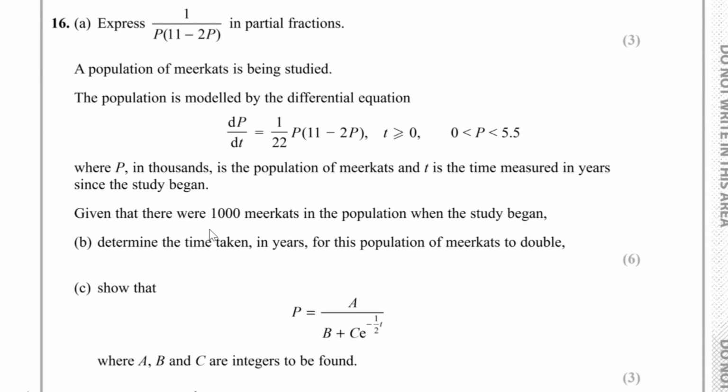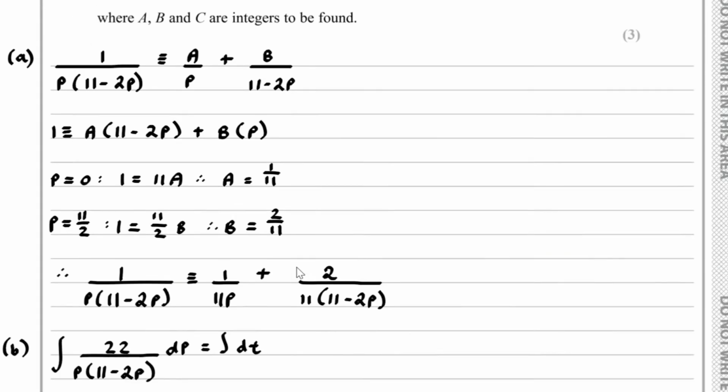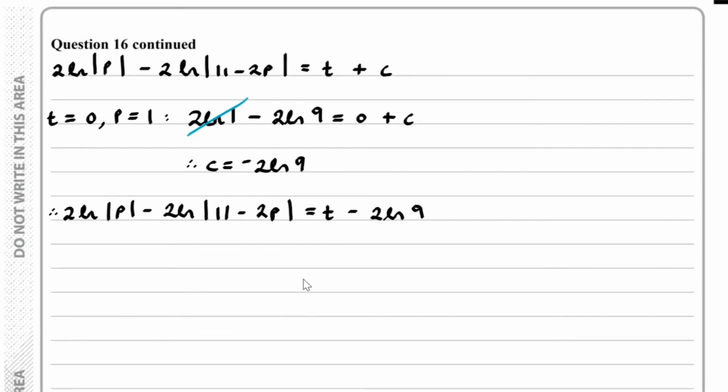The reason for that is because I want the population to double. That's 2,000 meerkats. So p is equal to 2 in that case. So when p equals 2, I've got 2 times by the natural log of 2 minus 2 times by the natural log of, well, 11 minus 4 is 7. And this is equal to t minus 2 times by the natural log of 9.